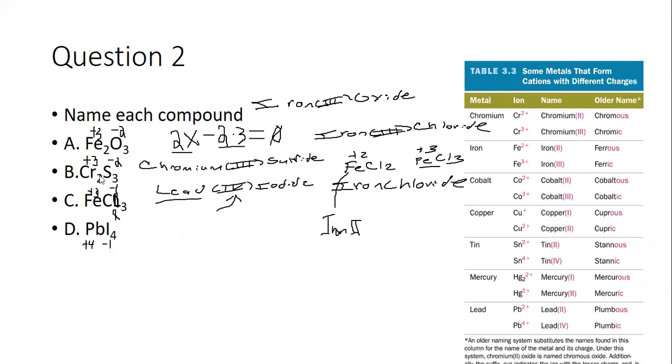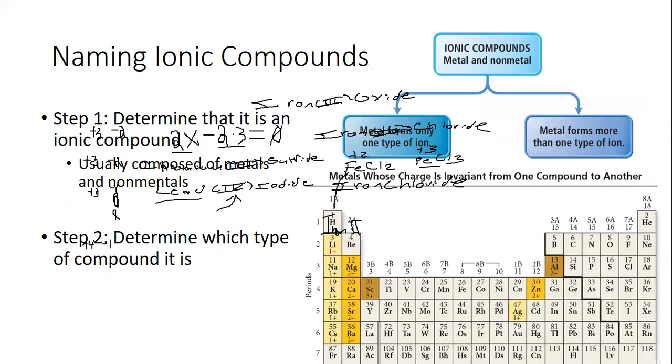And that's why we also did on this question, why I showed you how to figure it out if I gave you just the compound. You can figure out the charge because the nonmetals always have fixed charges. And I'm going to go back to this periodic table. Although it's not listed here, right? This column always has -1. This column, for the molecules we're going to look at, is -2.